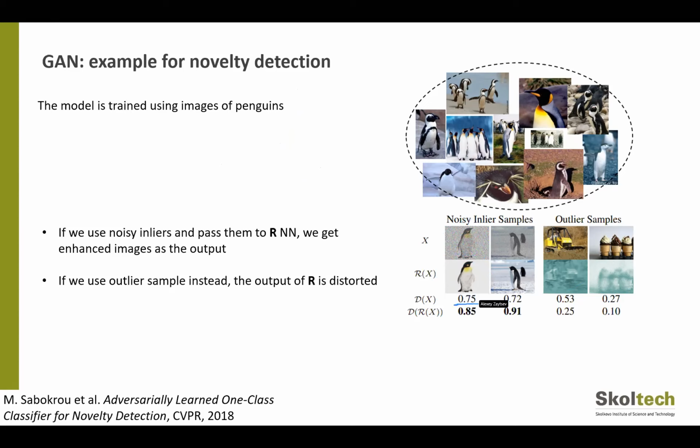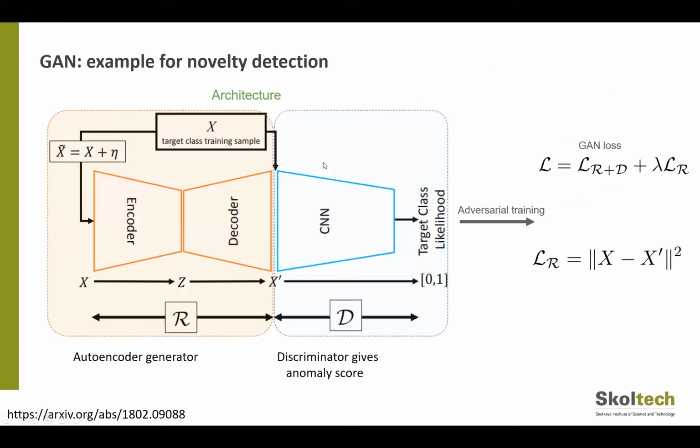For example, the discriminator score for the real image is quite high, and even bigger after applying the autoencoder. So we are good at saying that this is a penguin, and if it's not a penguin, we see that these scores are low, and they're even low after application of the autoencoder. So we can try to learn the model and use the discriminator score as an anomaly score here.